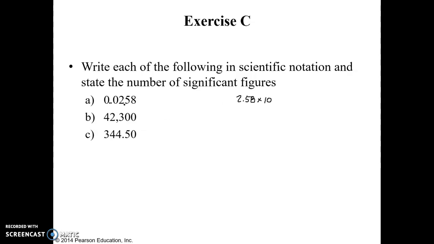Now, what is that something going to be? It goes 1, 2 decimal places, so we're moving it to the left. If we start with our decimal place after the 2, we would have to move it 2 places to the left. That's negative, that's dividing, so it would be to the negative second power.